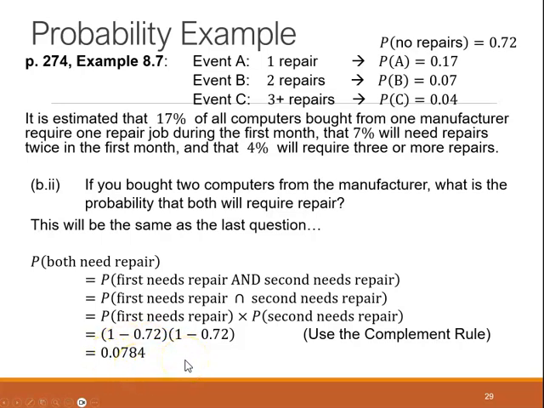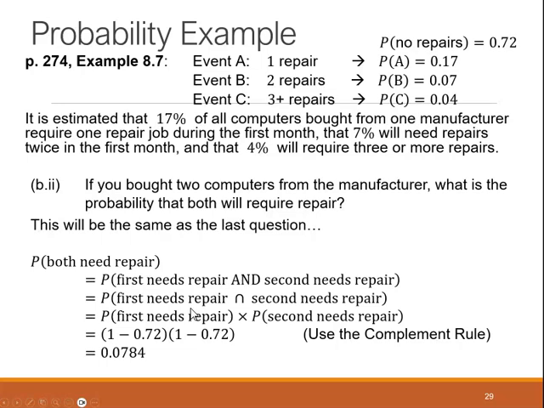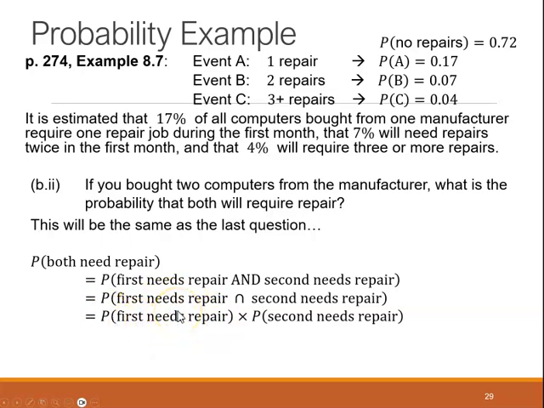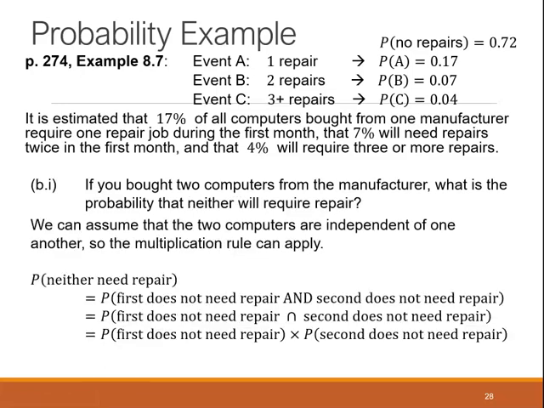So just under 8%. Wait, how do you know, you used the calculator? You could have done 0.28 there also. What was 0.28? The probability of some repair. So if you went back a bunch of questions, that was one of the things that we answered.